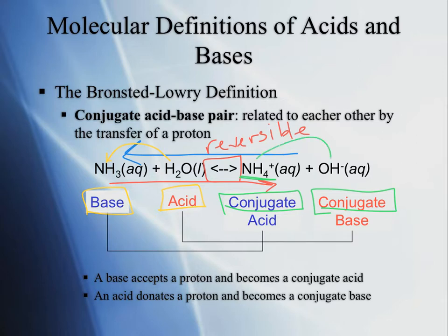That means it's giving away a hydrogen ion back to the hydroxide group, so this one is our acid now. So the nitrogen molecule on the left side was a base, but looking in the opposite direction, it is an acid, because now it's giving away its hydrogen ion back to OH.